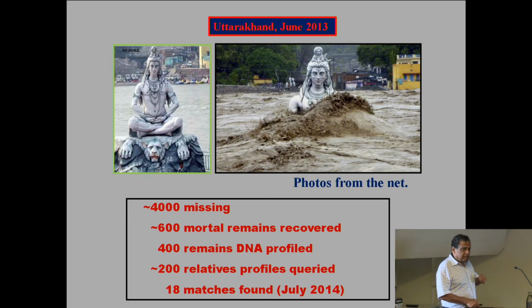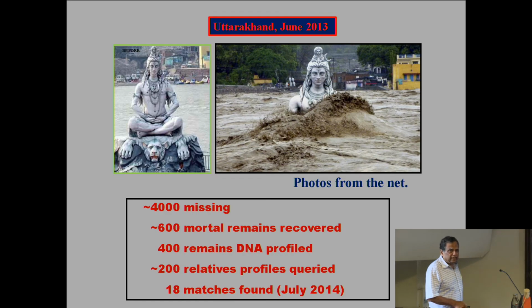We, the CDFD, advised the Uttarakhand government to try to get DNA from relatives of the missing persons. And they were able to get about 200 relatives who had come to Dehradun and left their DNA behind.